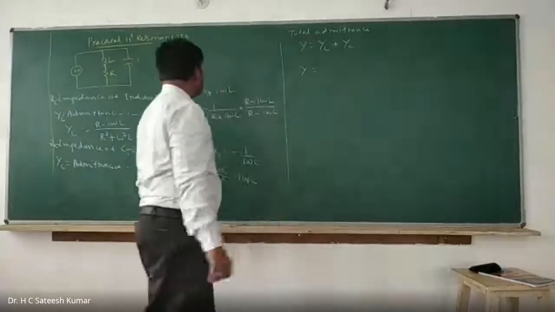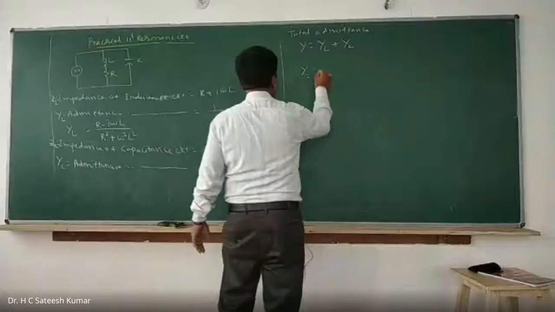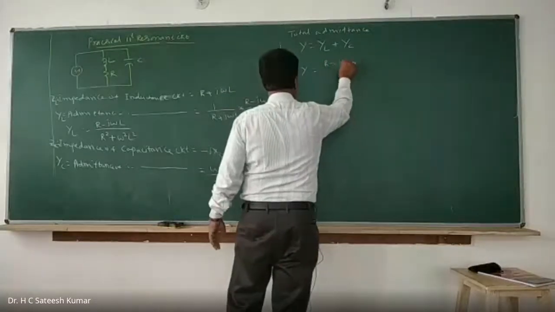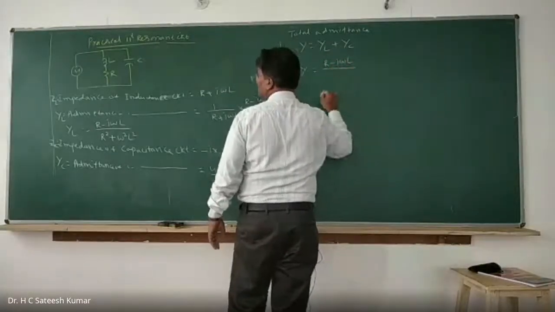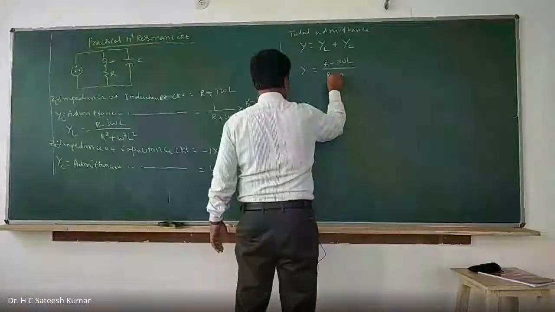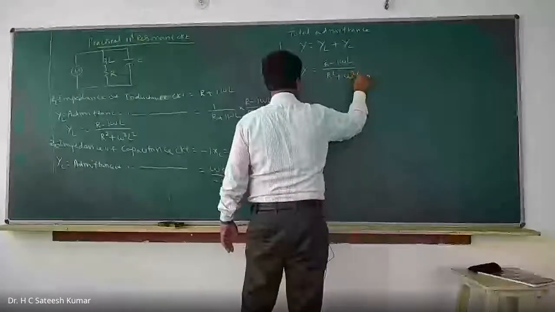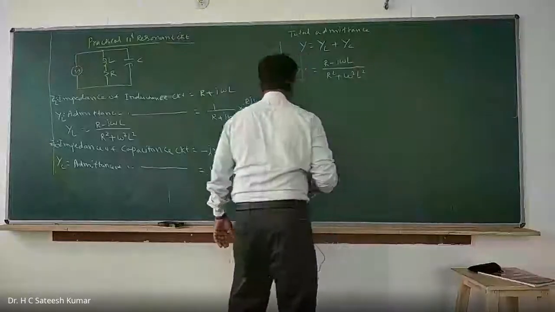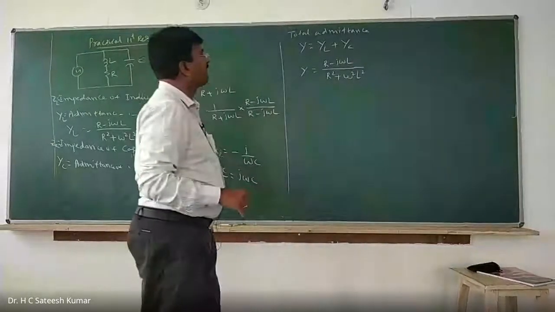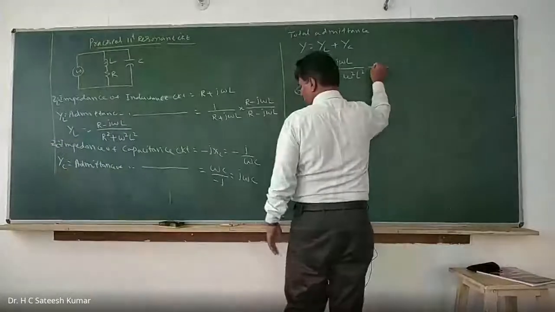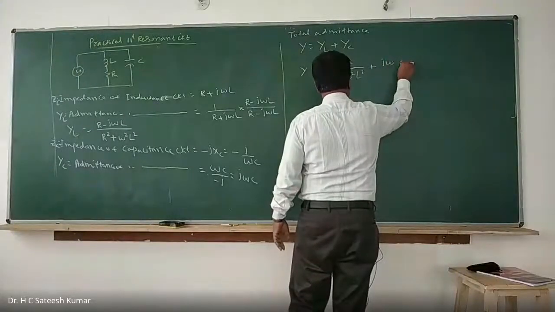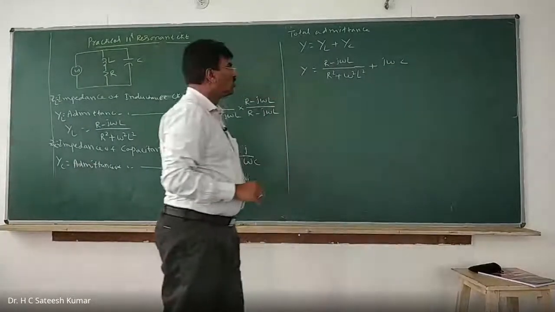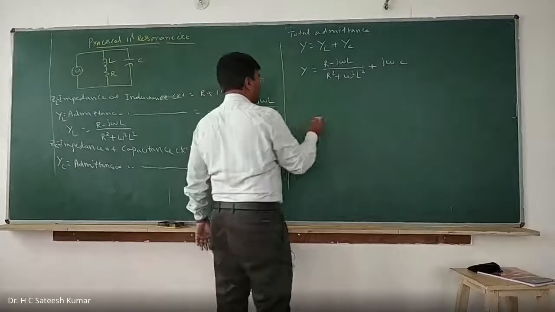YL is R minus j omega L divided by R squared plus omega squared L squared, plus YC, which is j omega C. Now separate the real part and imaginary part.